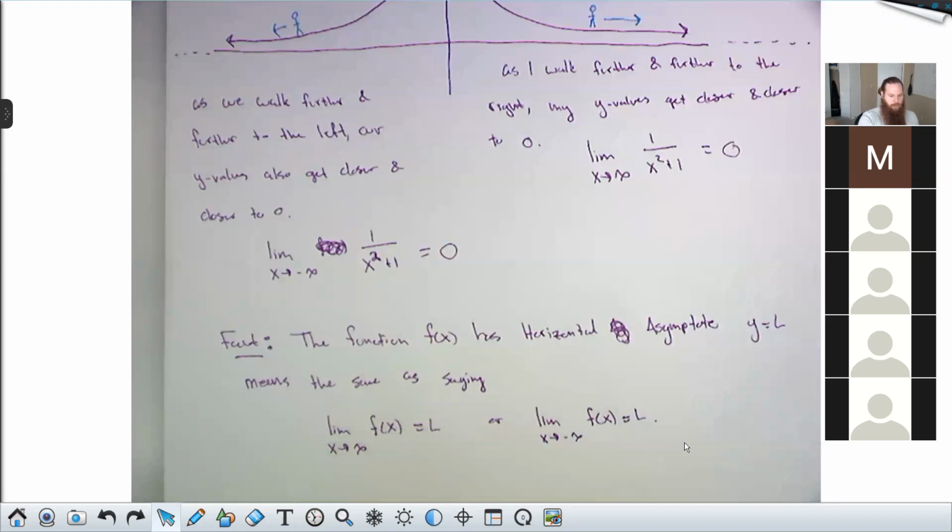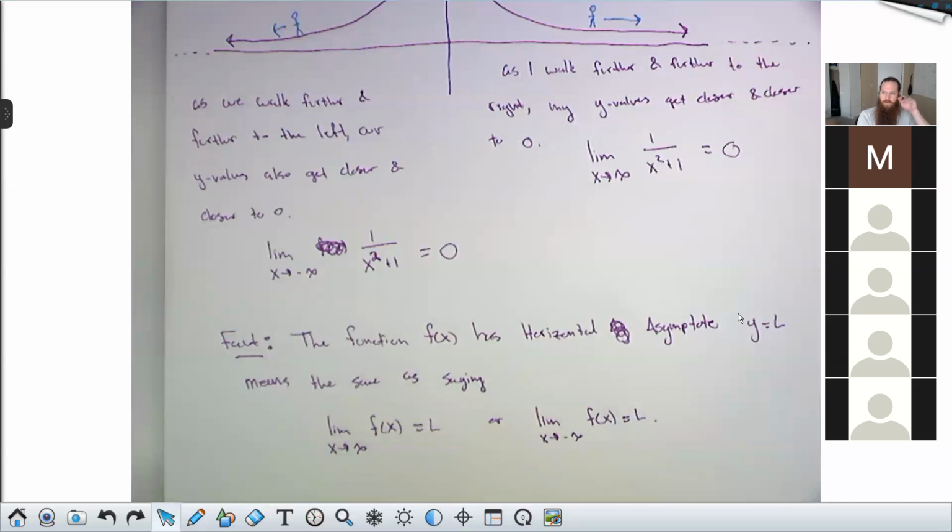And then I have a theorem for you, and then we're going to do some calculation. The function f of x has horizontal asymptote y equals L means the same as saying the limit as x goes to infinity of f of x equals L, or the limit as x goes to negative infinity of f of x equals L. This should have some intuitive appeal, right?